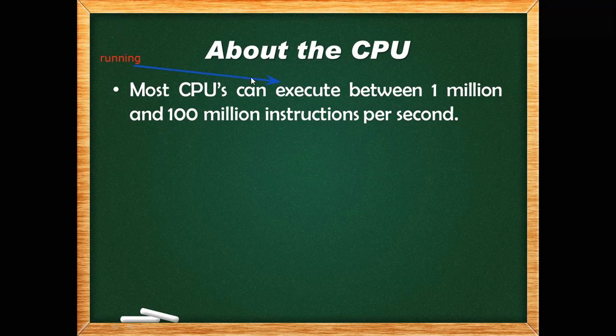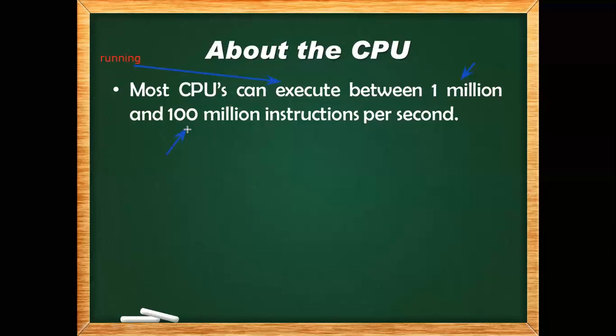between 1 million and 100 million instructions per second. This is the speed, a standard for most current-era CPUs, the CPUs which we are using at home, in malls, in offices.